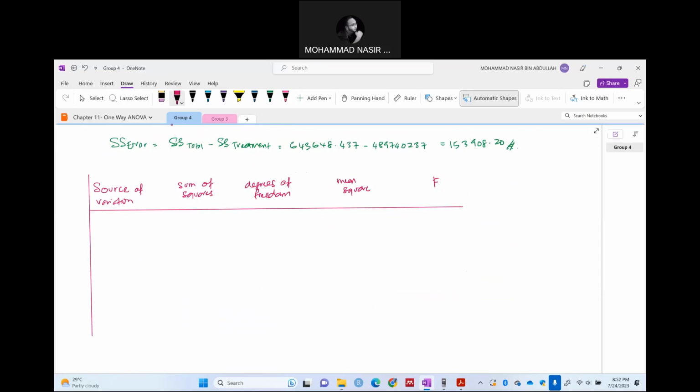So the first row we have treatment, or we call as between group.